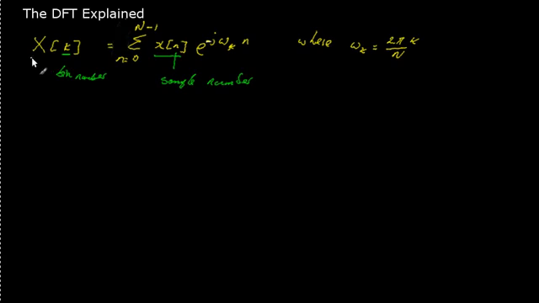X of k is just a placeholder for our frequency content, the same way as lowercase x is the placeholder for our time domain content. I've also got a capital N variable here, which refers to the number of samples, which in our example was 20. So I think I have all the variables defined.